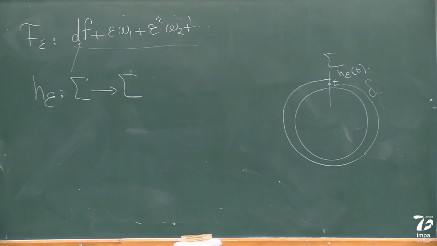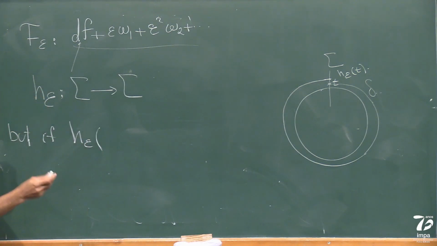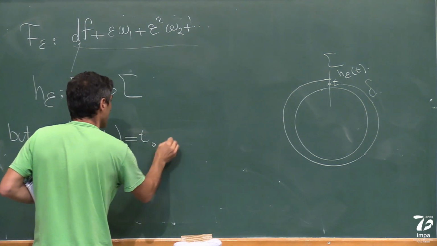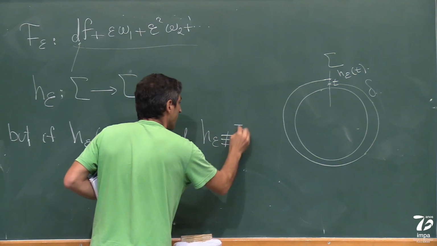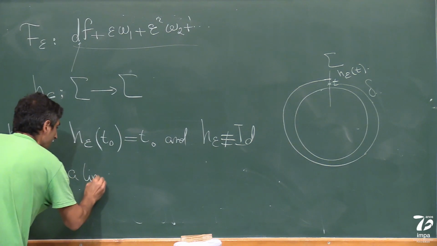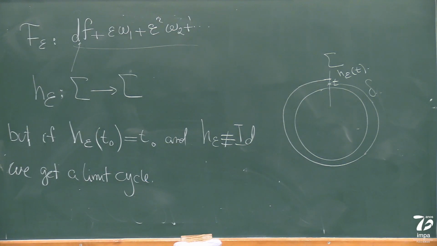And so it's not the identity, but if h epsilon at some point, let's say t0, fixes t0, and h epsilon is not the identity, then you will get the concept of a limit cycle. Well, roughly speaking, because I have to add that all the trajectories accumulate.